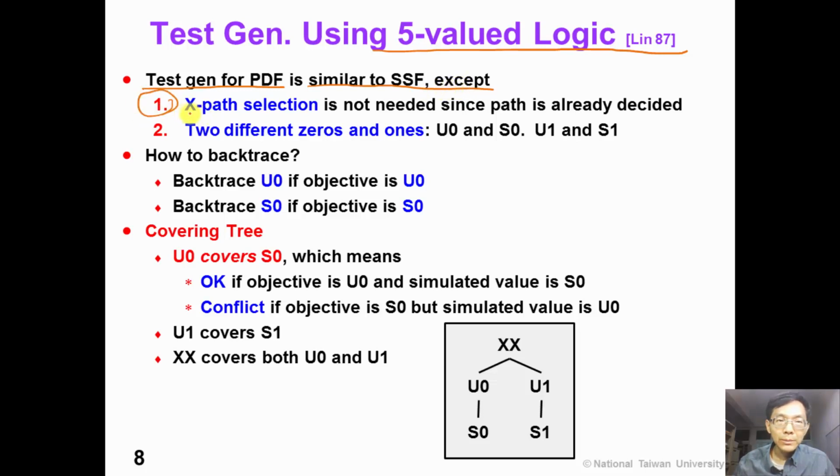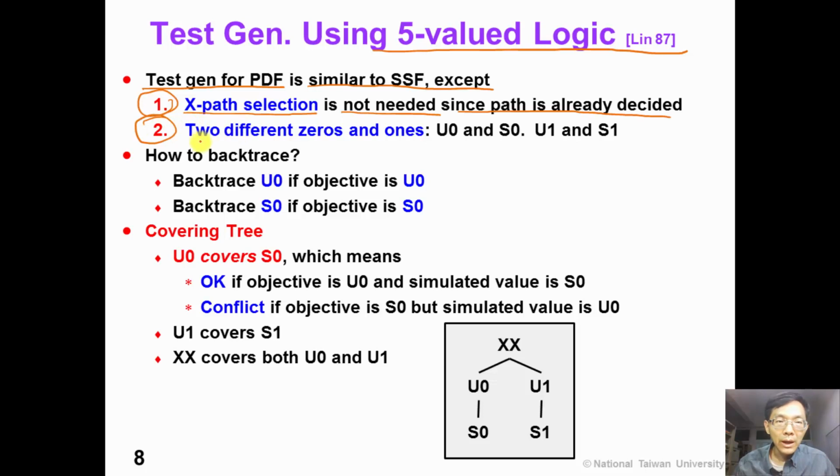First, path selection is actually not needed for path delay faults, since the path is already decided by the path delay fault. So in this sense, PDF test generation is simpler than single stuck-at fault test generation.